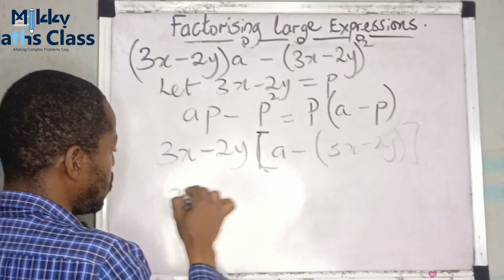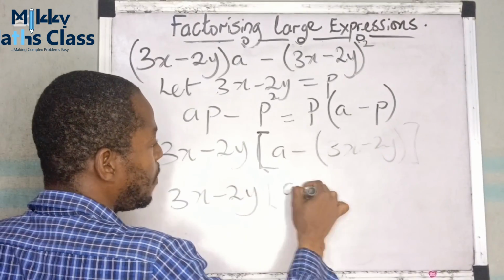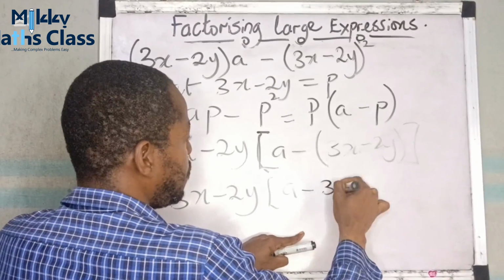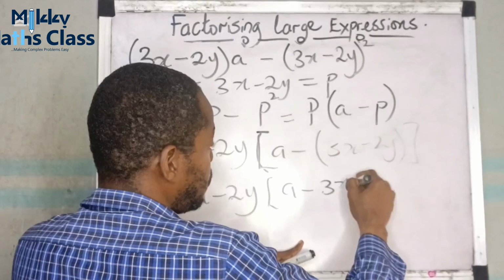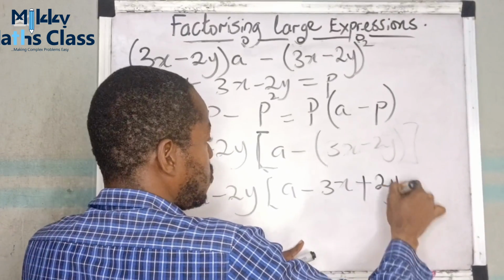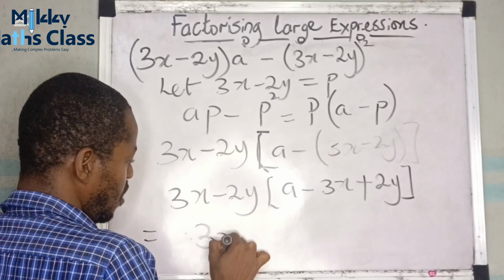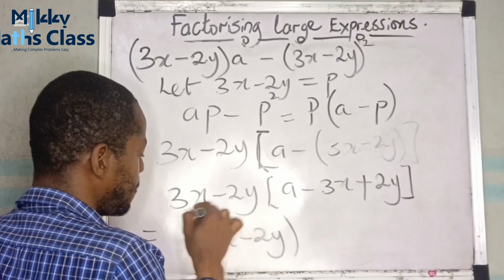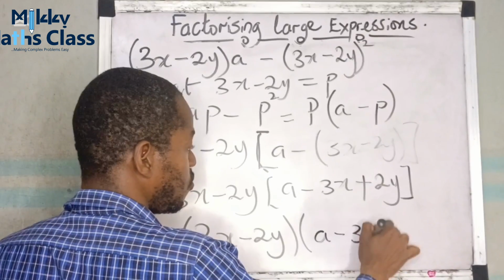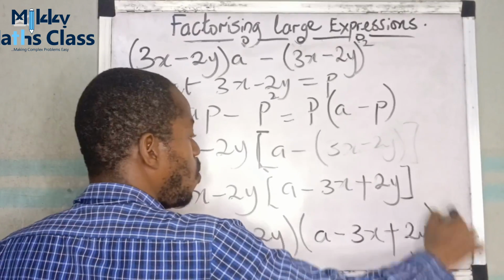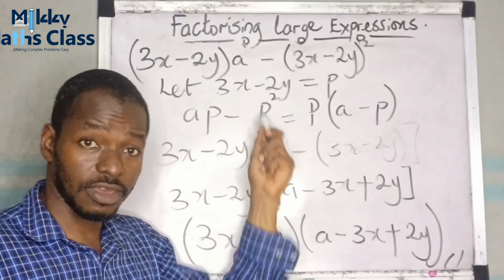This is 3x minus 2y, a minus, this is negative 3x, negative, minus times minus will give us positive. So this is positive 2y. So the final answer is 3x minus 2y into bracket a minus 3x plus 2y. So we have ended up factorizing this large expression.